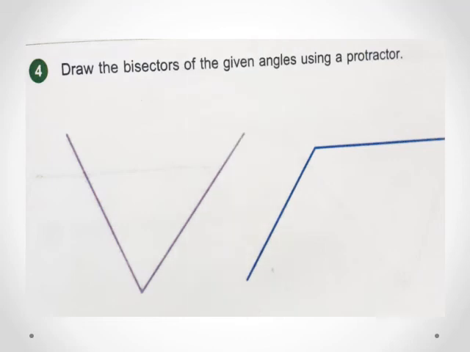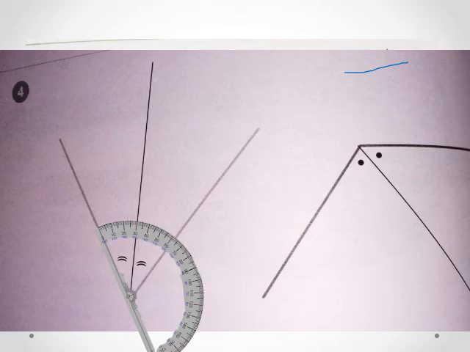Now, draw the bisectors of the given angles using a protractor. What to do here? I have to bring my protractor and put it on one of the sides of the angle. We always start from 0. I have to measure 10, 20, 30, 40, 50, 60. Since this angle is 60 degrees, I have to find the bisector that cuts the angle into two equal adjacent angles.